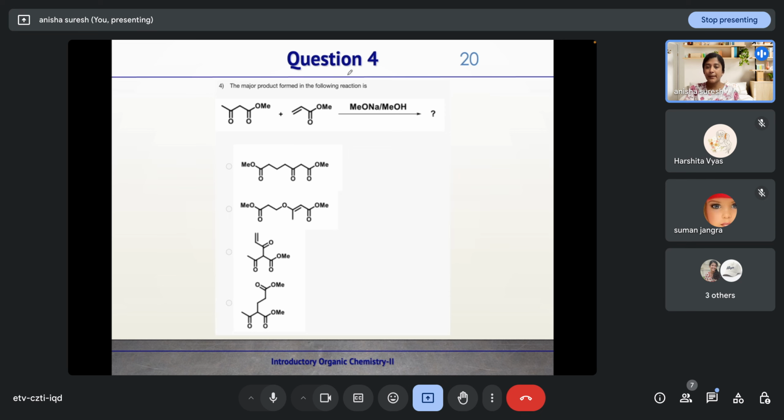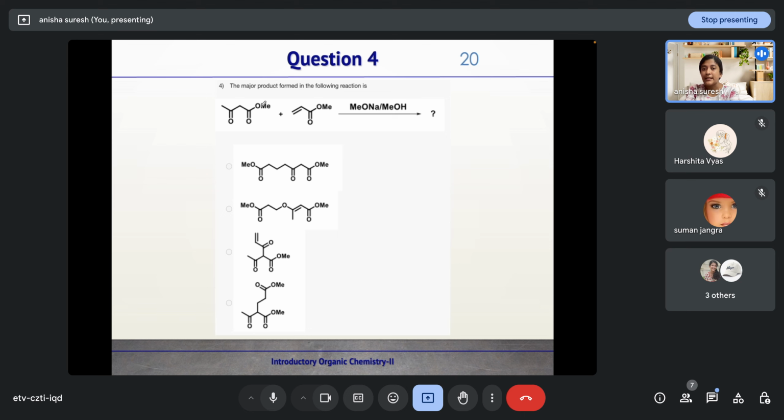Now coming to question number 4. The major product formed in the following reaction is, a 1,3 dicarbonyl compound is there, and this alpha beta unsaturated compound is there, and it is treated with base in alcohol as a solvent.